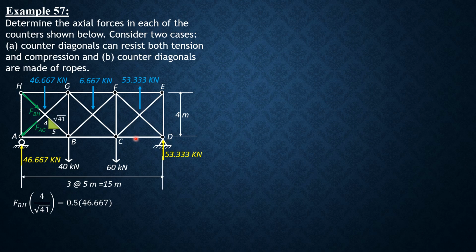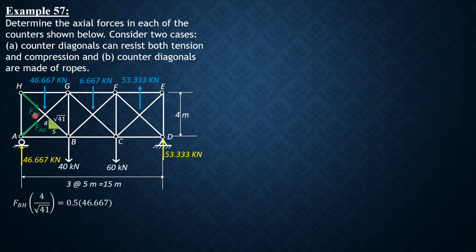So it should be upward if we analyze it from left to right. But if you analyze it from right to left, then this should be downward. And if it is analyzed from right to left, the forces will be the same. So DF should be in compression and CE will still be in tension.